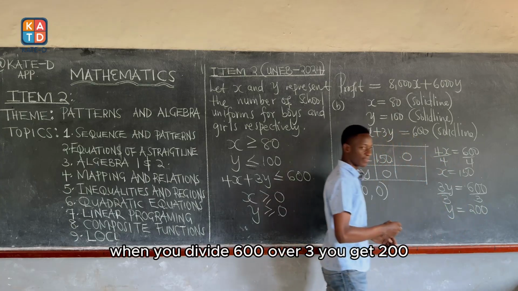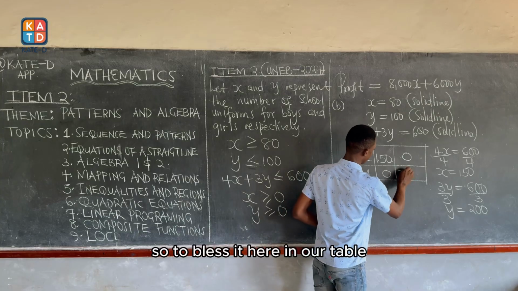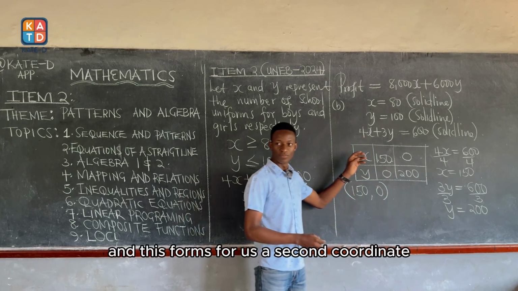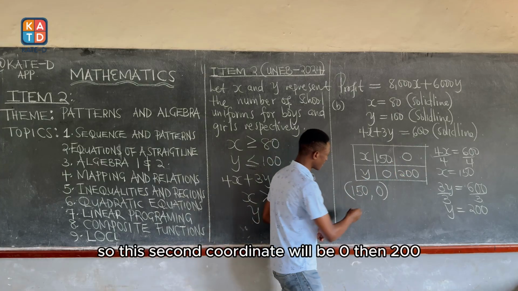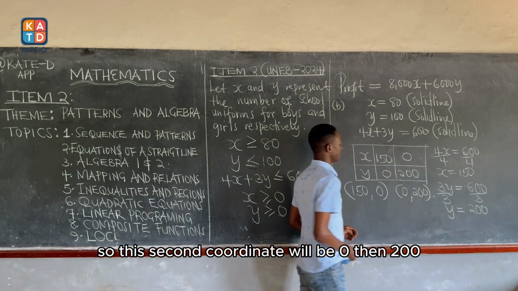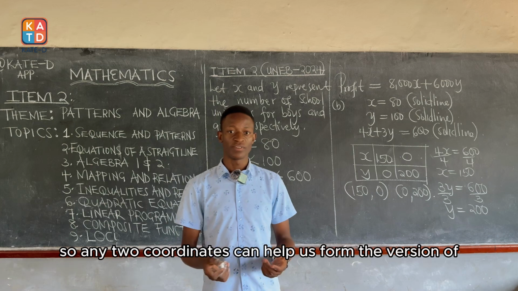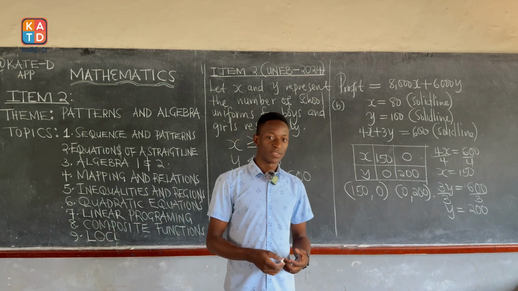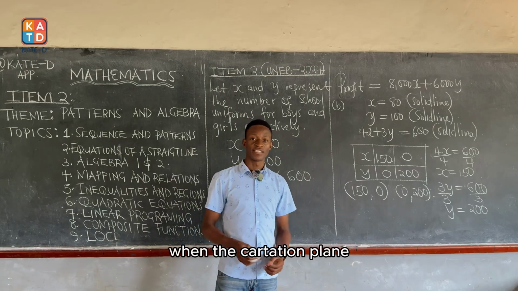When you divide 600 over 3, you'll get 200. So we place it here in our table, and this forms for us a second coordinate. So this second coordinate will be 0, 200. So any two coordinates can help us form the equation of a line. So the next thing is that we are going to place this on a Cartesian plane.